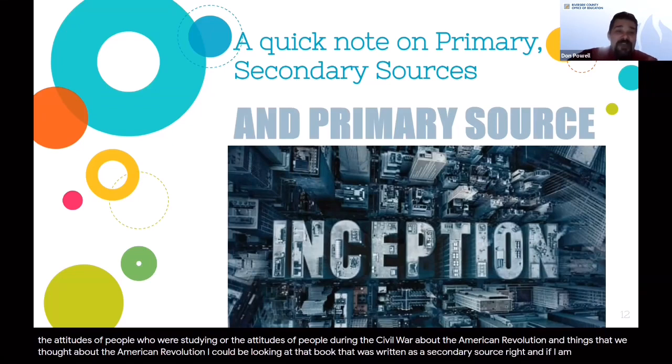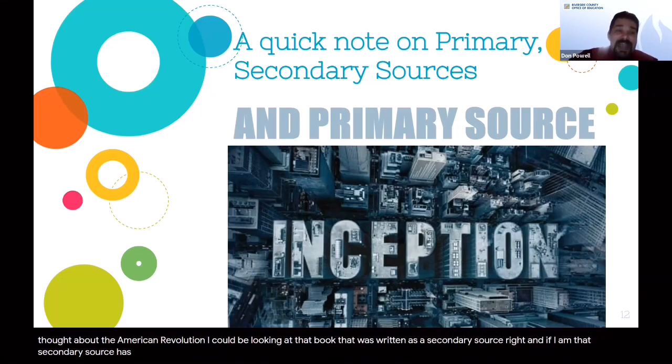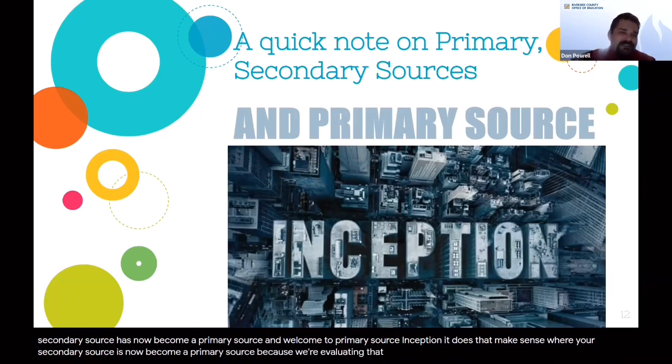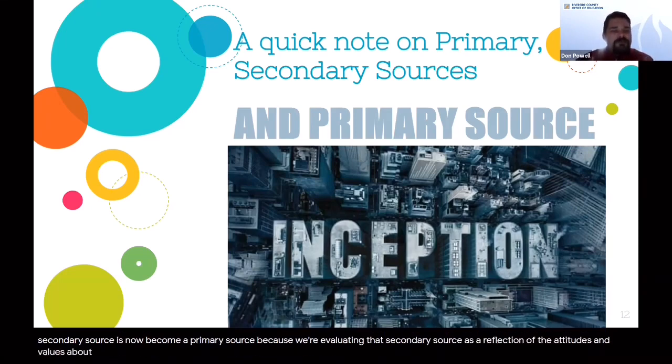And if I am, that secondary source has now become a primary source. Welcome to primary source inception. Does that make sense? Your secondary source has now become a primary source because we're evaluating it as a reflection of the attitudes and values of the people in that particular time period.